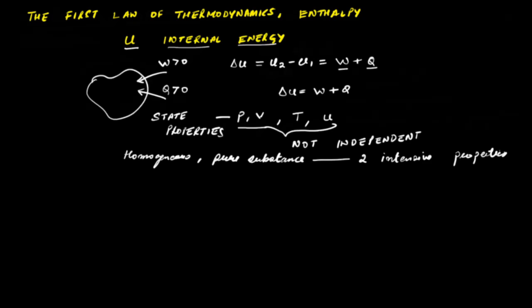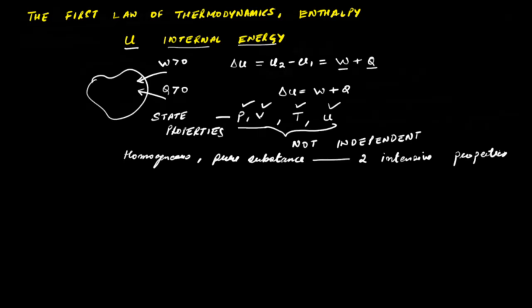And because we know the mass, even if we have an extensive property, we can convert it into an intensive property. So therefore, we have these four properties now: P, V, T, and U. Only two of them are independent.